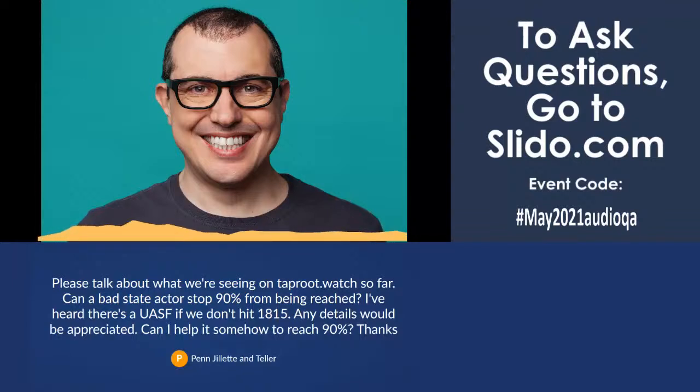Then Penn and Teller say, I've heard that there's a user-activated soft fork if we don't hit 1815. So what that means is, what Penn is alluding to here is that this speedy trial activation process is intended to be speedy and be a quick trial of whether there is enough support.